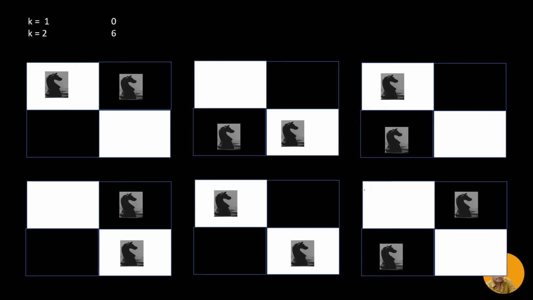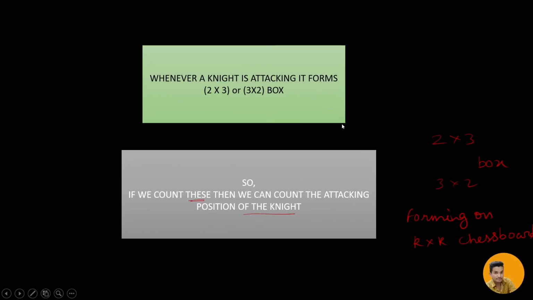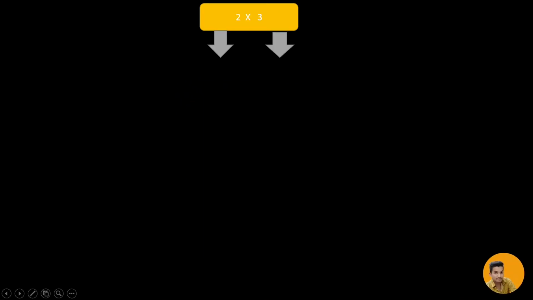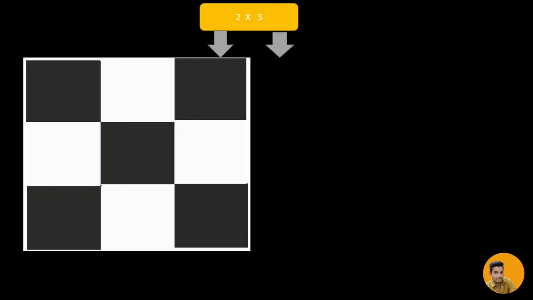Okay. Now let's analyze the 3 cross 3 chessboard. Again, let me repeat what we need to do. We are counting these boxes, 2 cross 3 or 3 cross 2 boxes. So when we have 3 cross 3, first of all we are going to count 2 cross 3 boxes.